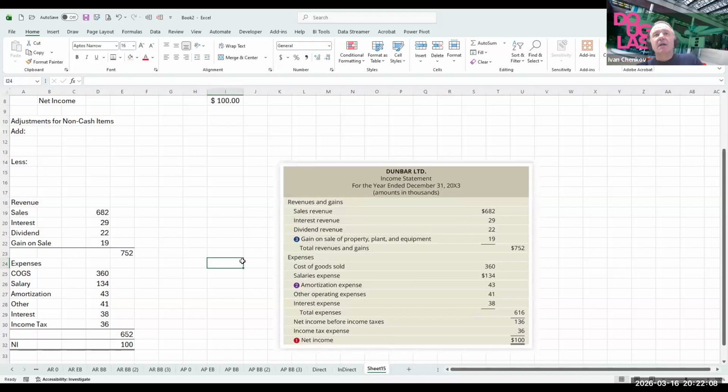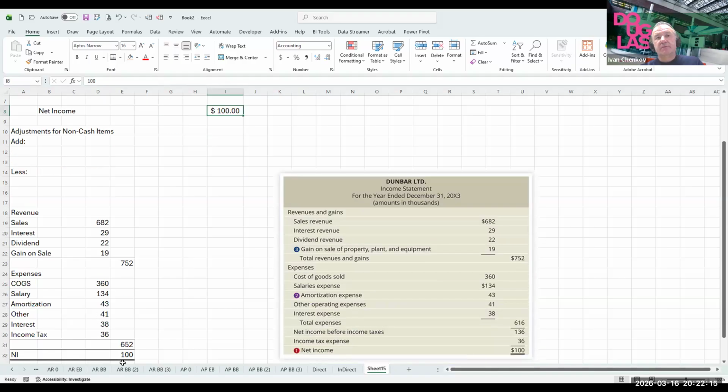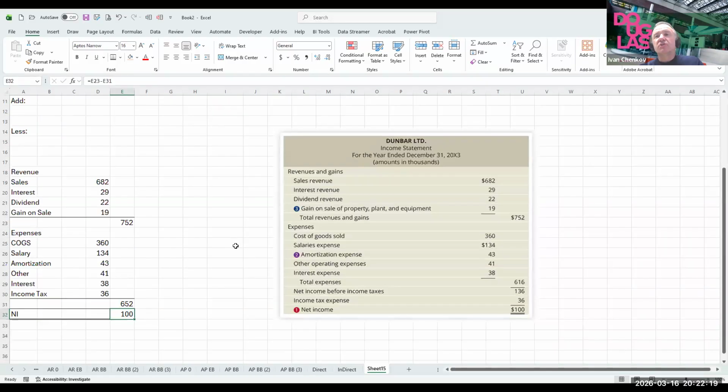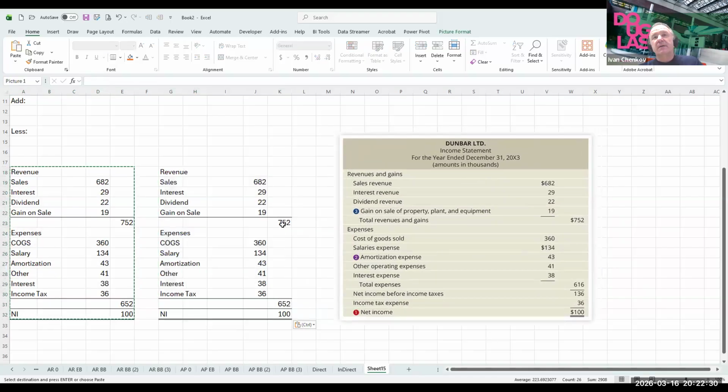Now the question is, my starting point here is $100, correct? Which is right here. Now I'm trying to adjust for the non-cash items. So, which of those items do I have to pay with cash? Which of those items don't I have to pay in cash?